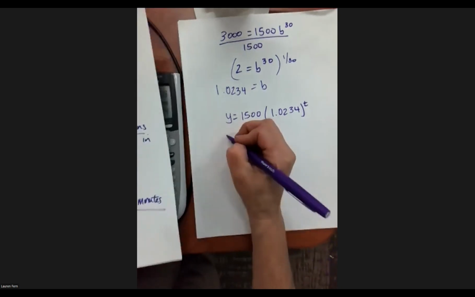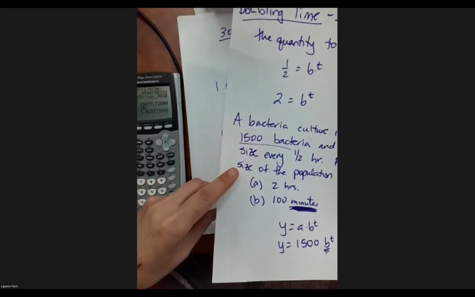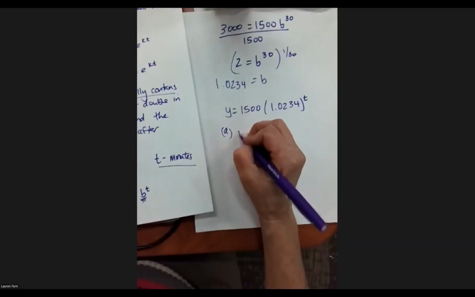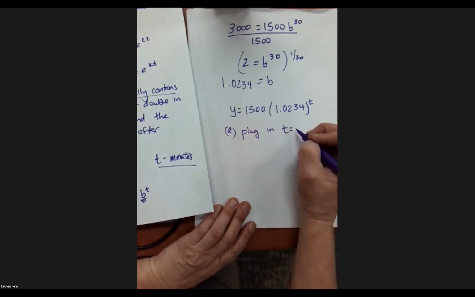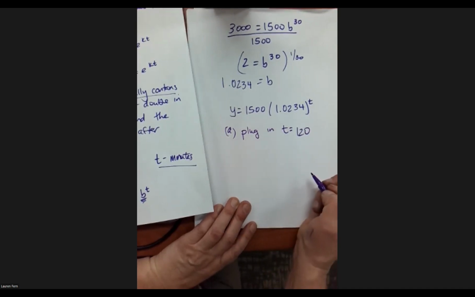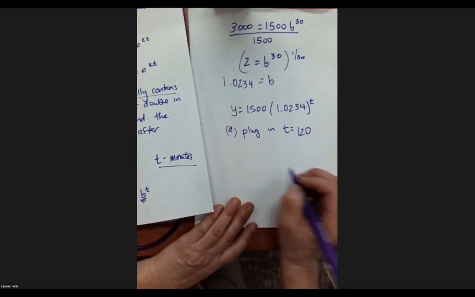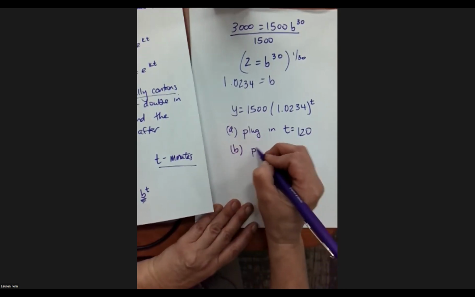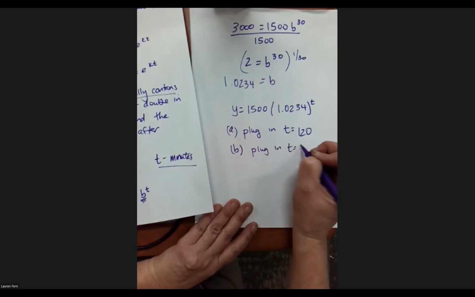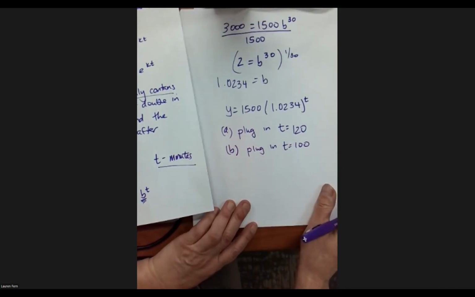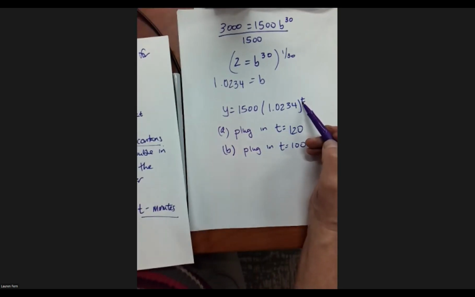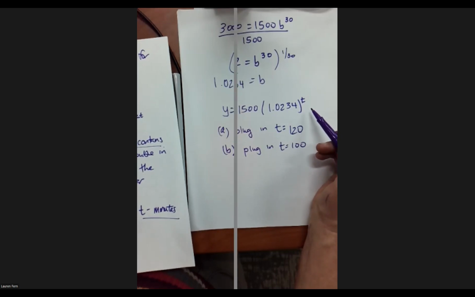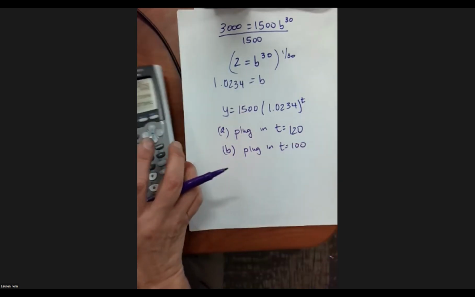Well, for part A, what would we do? We want to find the population size after 2 hours. So what would we plug in? 2 hours is 120 minutes, wouldn't we plug in 120? And for part B, we would just plug in T equals 100. I'm assuming you're okay doing the computation from here, but I'm happy to do it.